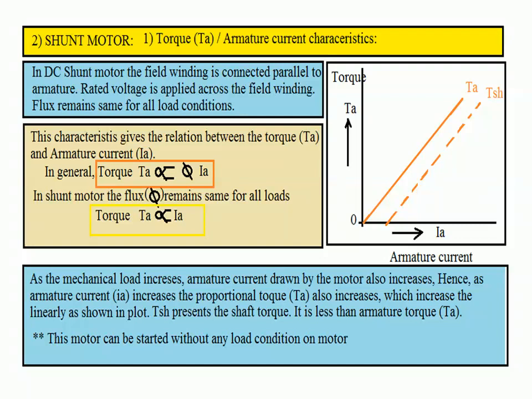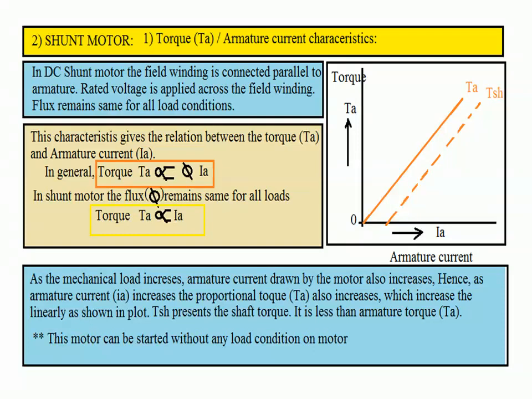Number one, it gives the relation between torque developed in the armature versus armature current. Already we know the torque developed in the motor is proportional to flux into Ia in the general condition. In a DC shunt motor, the flux remains the same from no load to full load. Hence, torque mainly depends upon armature current.